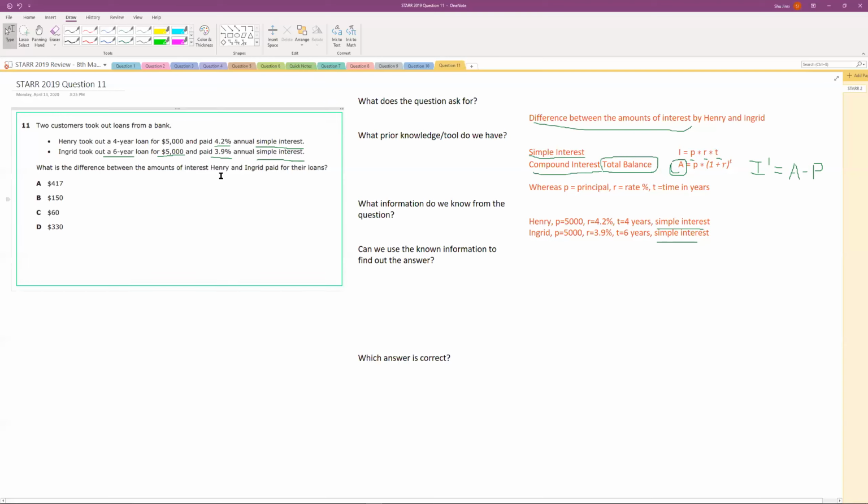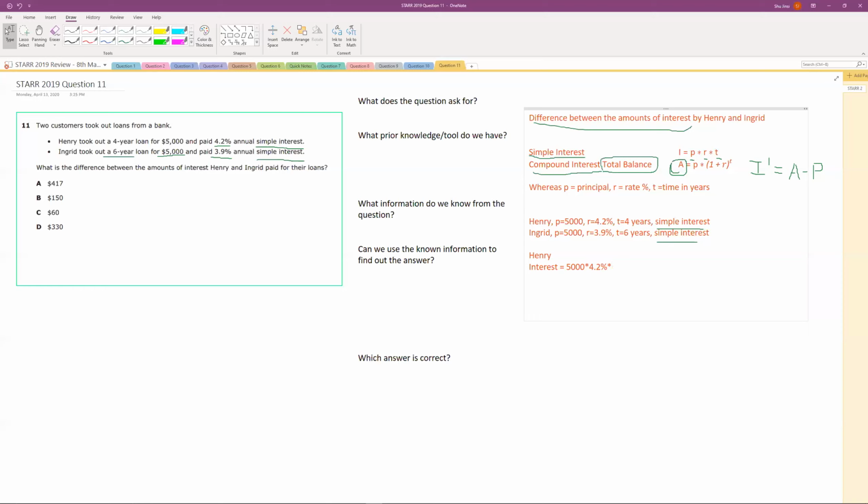Now, can we solve this problem? Yes, of course. We are going to solve for the interest of Henry and Ingrid. For Henry, the interest will equal P, which is 5,000, times the R, 4.2%. Don't forget about the percent.